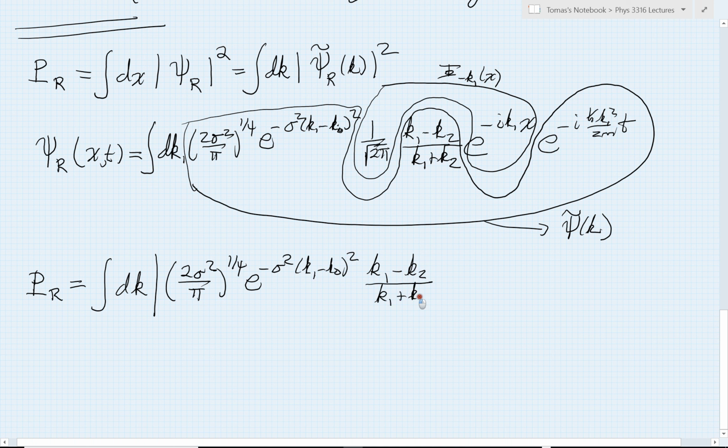I don't have the 2π because that's part of my momentum state. But I do have this time-dependent factor, e^(−iħk1²t/2m). And this whole business is modulo squared. Okay, that saved me one big integral.